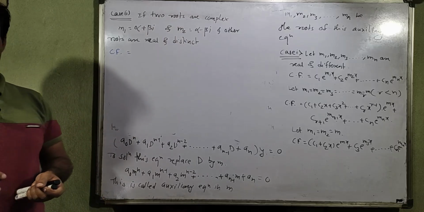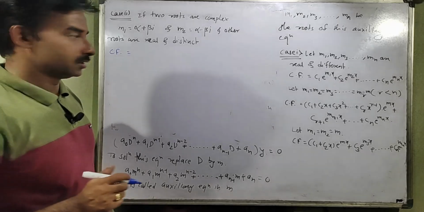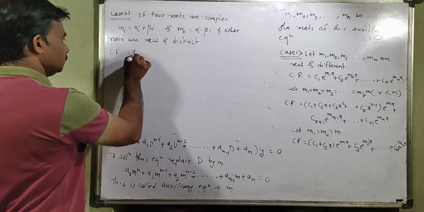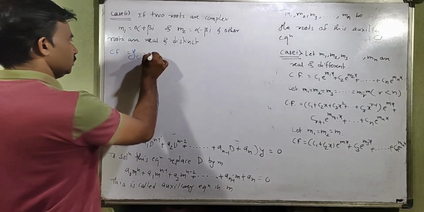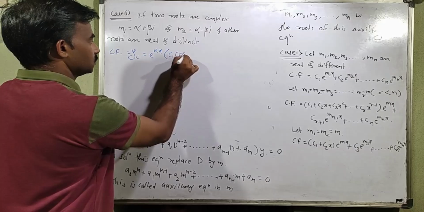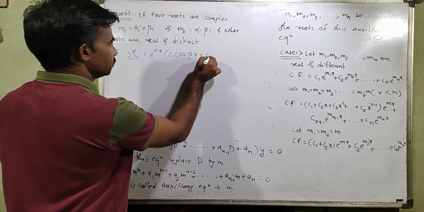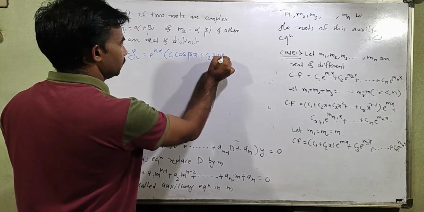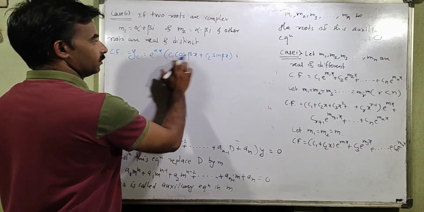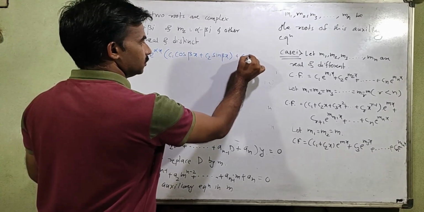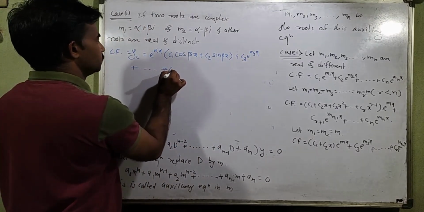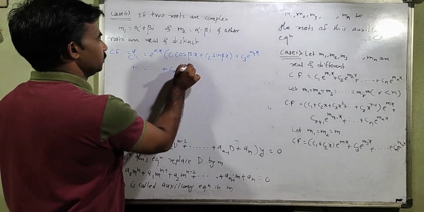If the roots are of this type, then the complementary function, that means yc, is given as e^(alpha x) (c1 cos beta x + c2 sin beta x) + c3 e^(m3 x) + and so on up to cn e^(mn x).